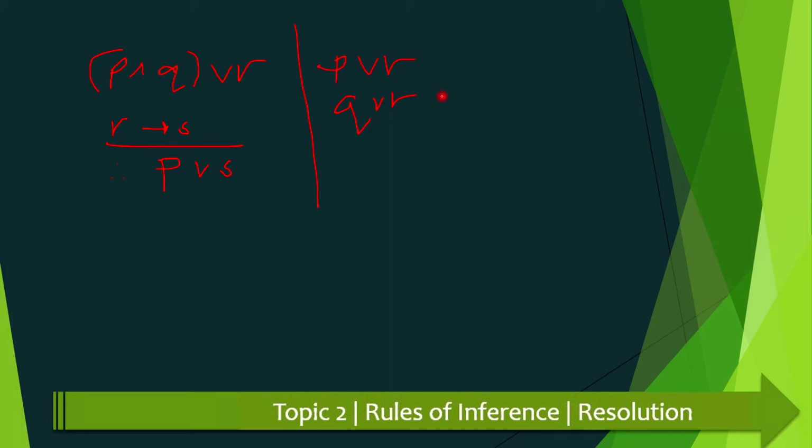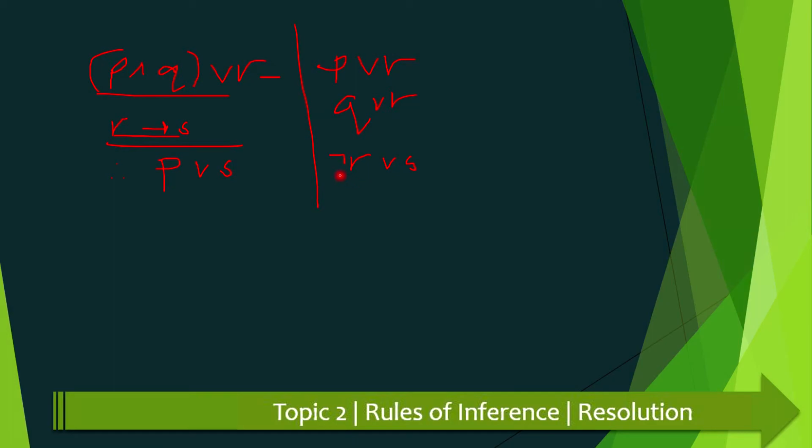Based from the rule of inference, which is the resolution, we can replace this statement with P or R and then Q or R, or we can replace it with these two clauses. Before replacing this, let's also transform this statement, R implies S, which can be written as not R or S based from the conditional statement.